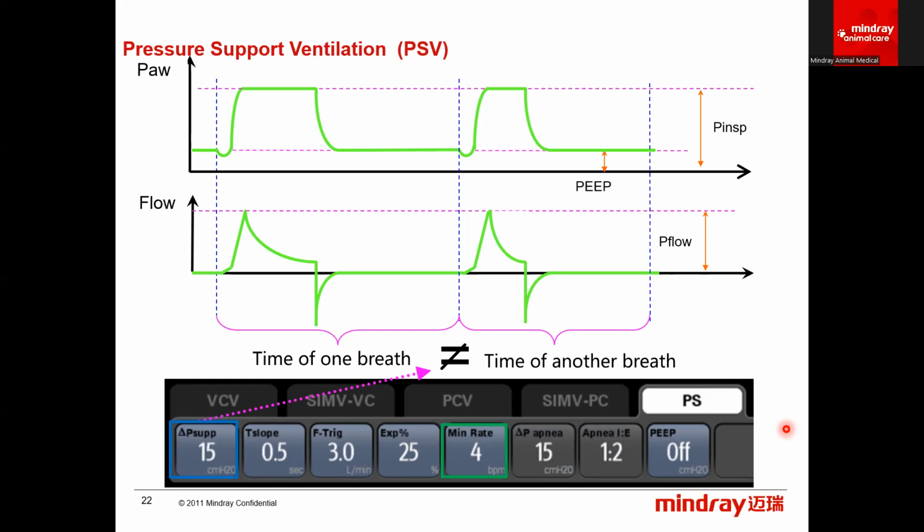And one of the goals a lot of times in anesthesia is to keep the patient as close to their normal waking vitals as possible. However, we do have this minimum respiration rate that can back us up in case that patient decides that they don't want to breathe anymore. And then the apnea ventilation will kick on and provide some mandatory breaths.